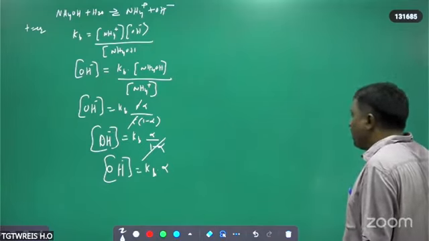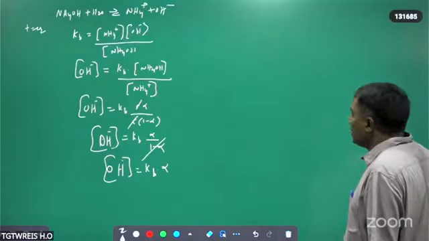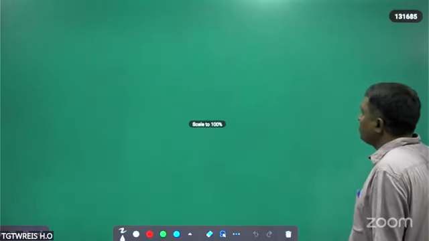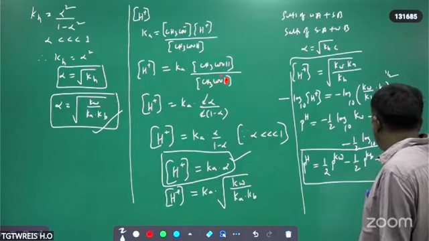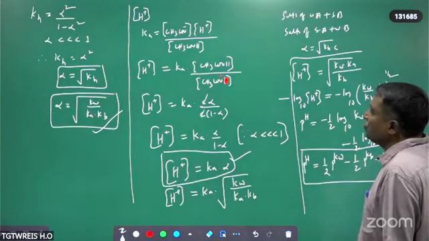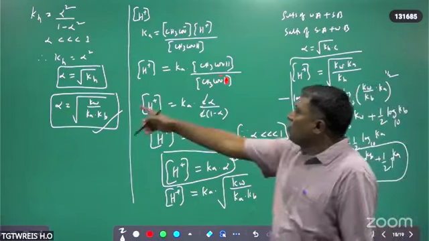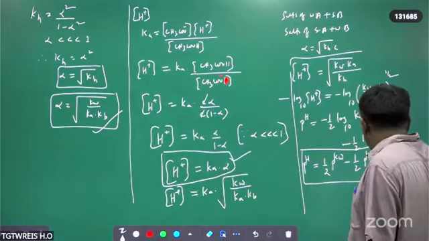What is Kb now? Is this Kb or Kh? Alpha is equal to root of Kw by Ka into Kb.